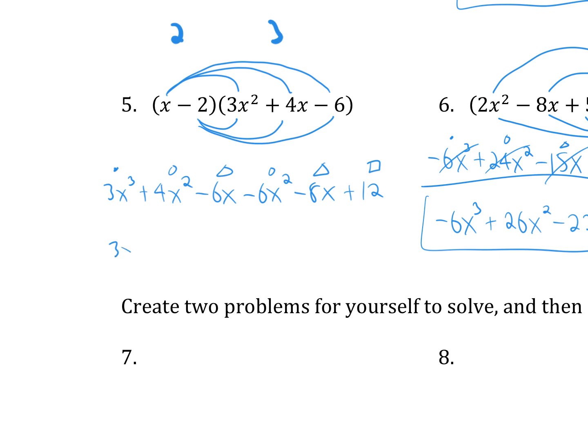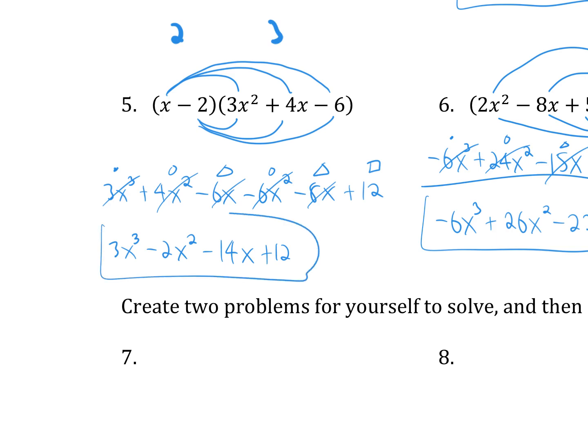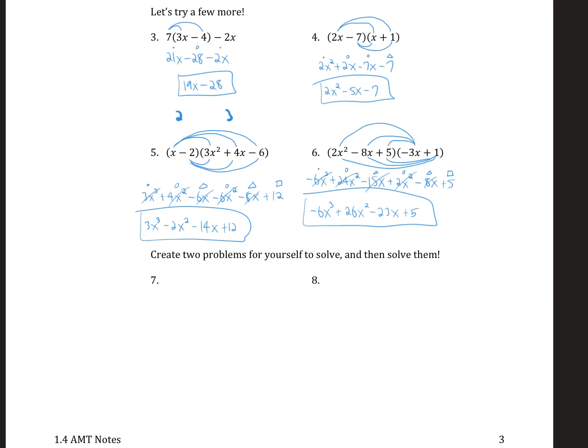So we got 3x to the third. We got 4x squared minus 6x squared is negative 2x squared. Okay, and then we got negative 6x minus 8x is negative 14x. And the plus 12 is going to come along for the ride. And there's our answer.